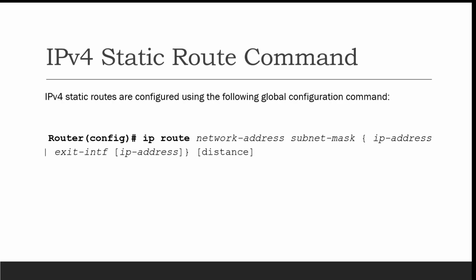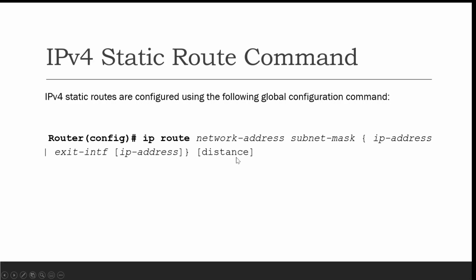Let's recall the syntax to configure a static route for IP version 4. In global configuration mode, we configure with ip route, then the remote network with a subnet mask, and we can configure the static route with the next hop IP address or exit interface.